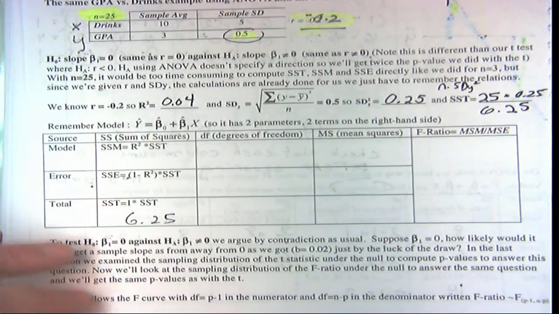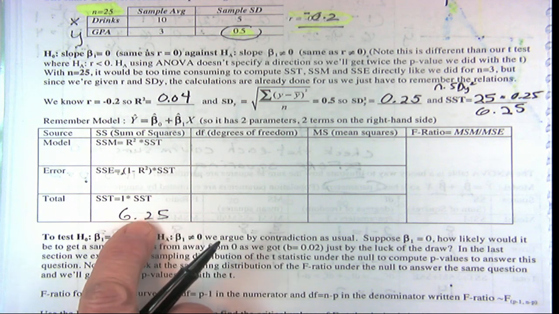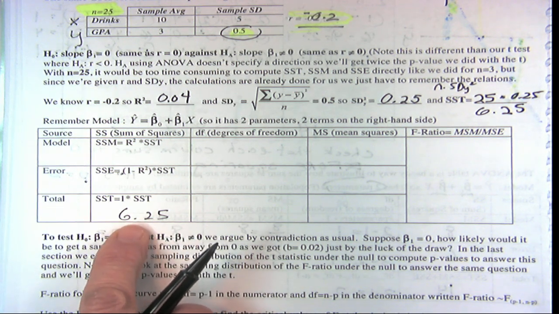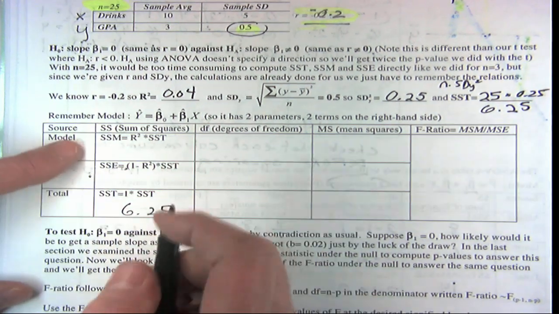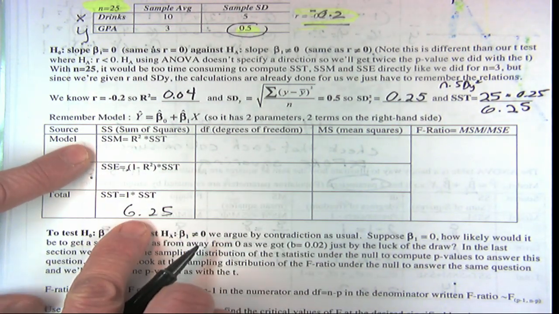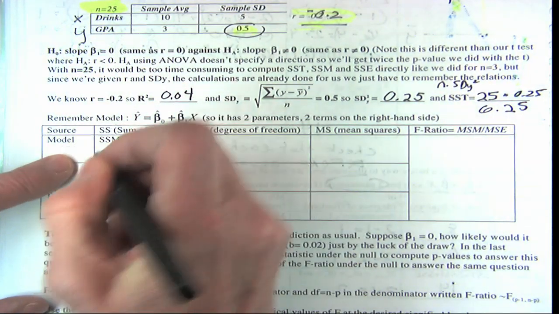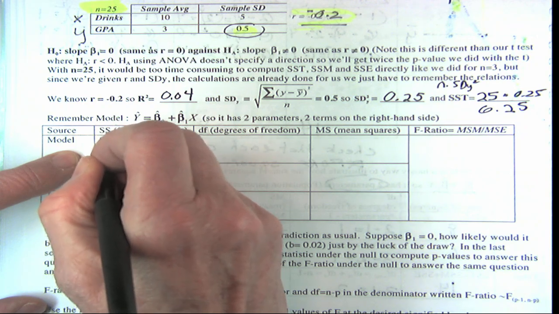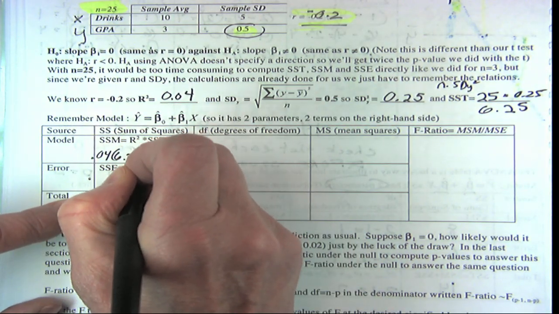And let's do that. So how does this 625 break down? This is the variability of the y's, and due to the model, we'll just multiply that by r squared. So we'll say 0.04 times 6.25.